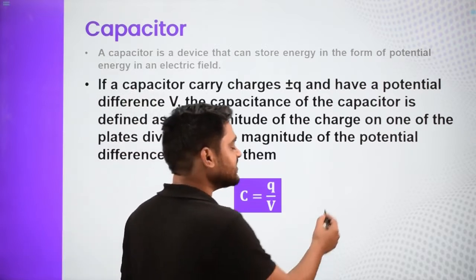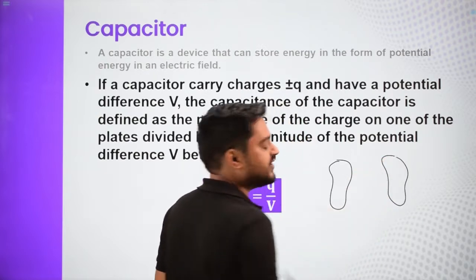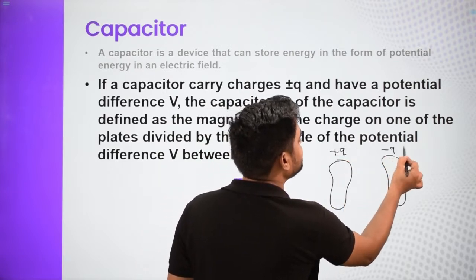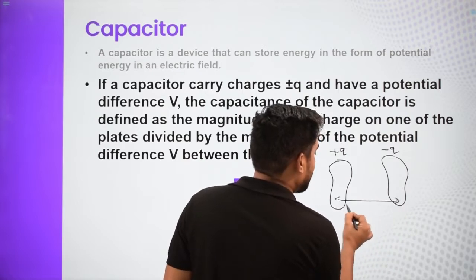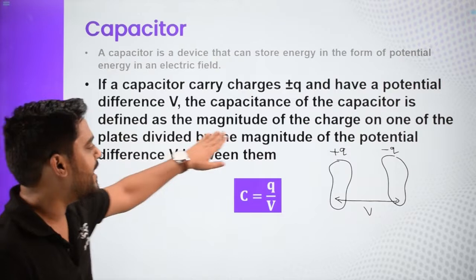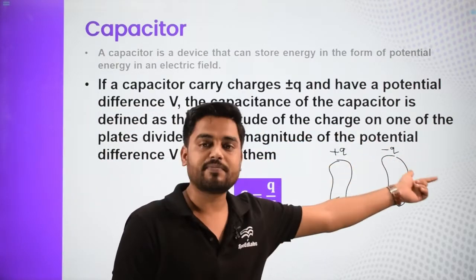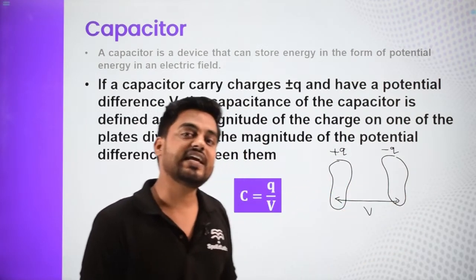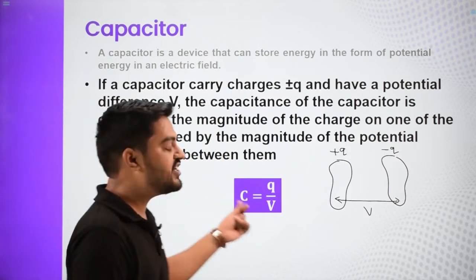If we have a system of two conductors, let us say this is one piece of conductor and this is the other piece of conductor, and one has plus Q charge and the other has minus Q charge, and the potential difference between them is V, then the capacitance is defined as the magnitude of the charge on any one of them, you can take either magnitude since they are equal and opposite, divided by the magnitude of the potential difference between them.